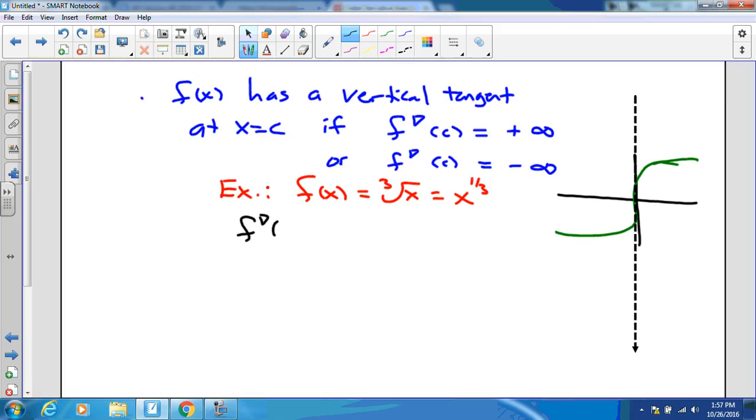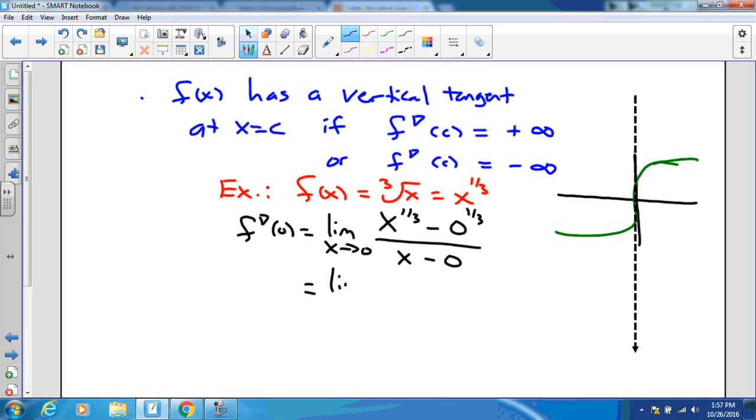So, if I compute f prime of 0 using the limit definition, that's the limit as x goes to 0 of f of x minus f of 0 all over x minus 0. This gives me x to the 1/3 over x.